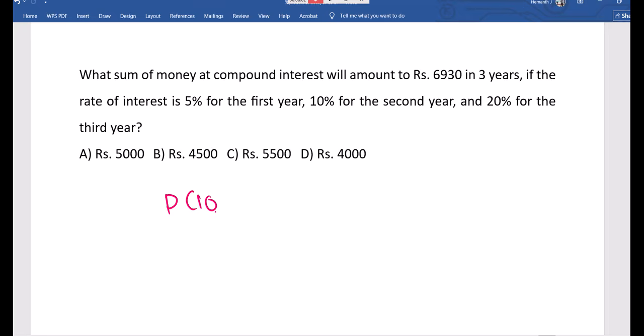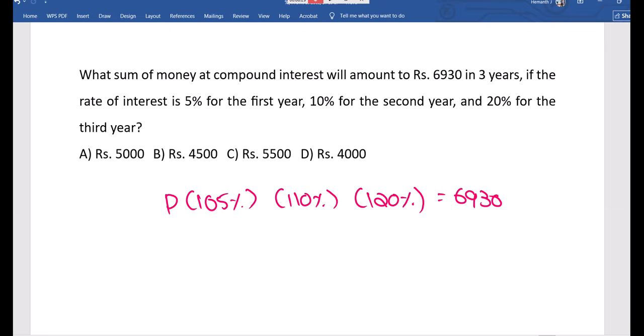P into 105% into 110% into 120% is 6,930. If you see in your second year practice booklet 2, we gave the same question, 1,286. The principal you need to calculate, you will get 1,000 something. Same is there, 5, 10 and 20 only.